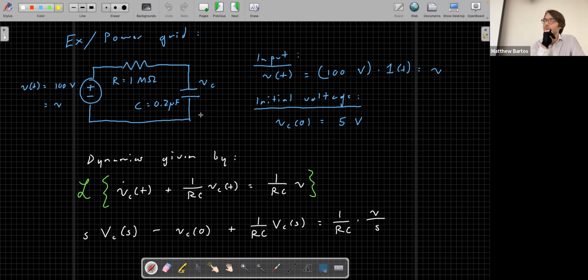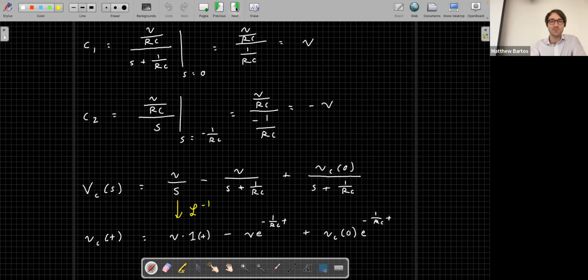I'll give you a minute to think about it. I'm looking for the actual function, the expression. Does anyone want to volunteer? What is the transfer function of the system?